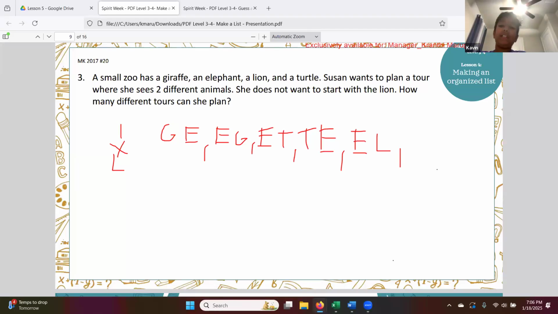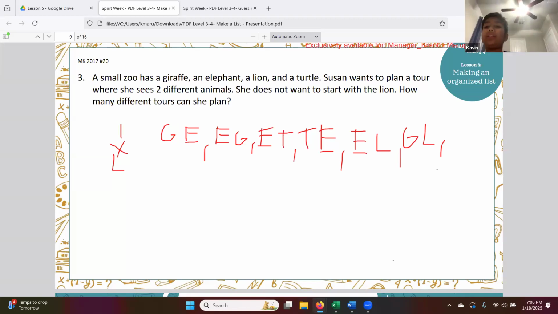So we can't do GE anymore because we already did it. So we can do G and let's say L. Then LG. Not LG, because lion can't go first.